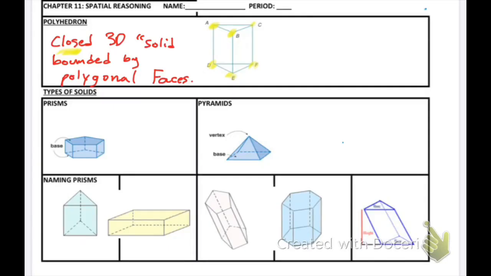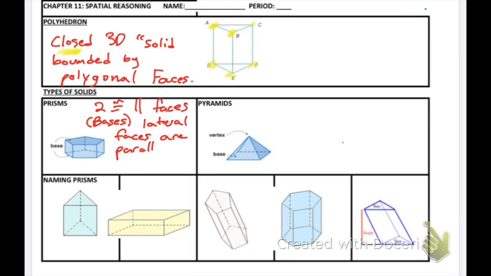Now, a prism is formed by two congruent parallel faces, which we actually call bases, and the lateral faces are parallelograms. So that's the definition for our prism.